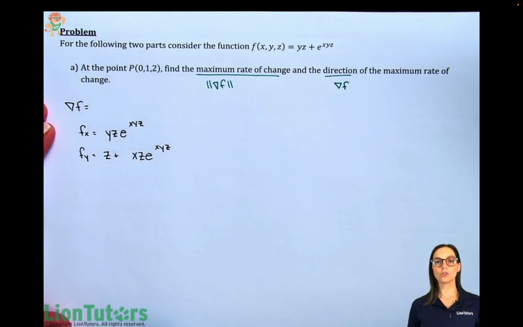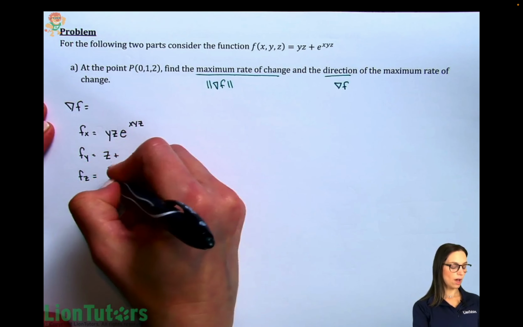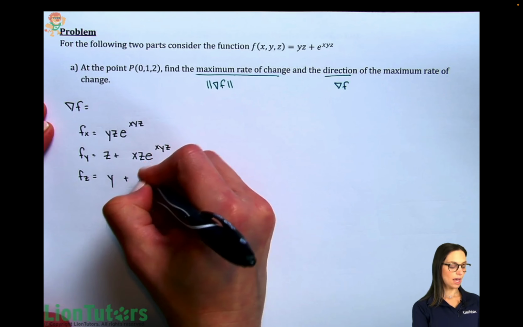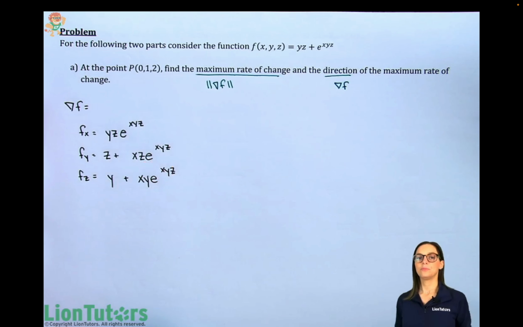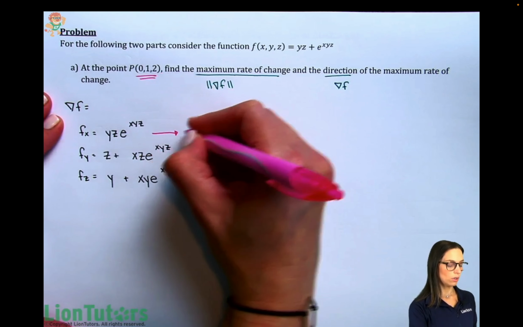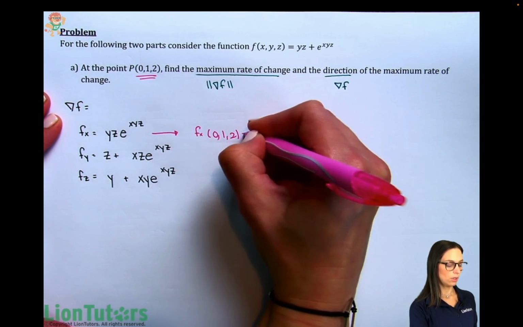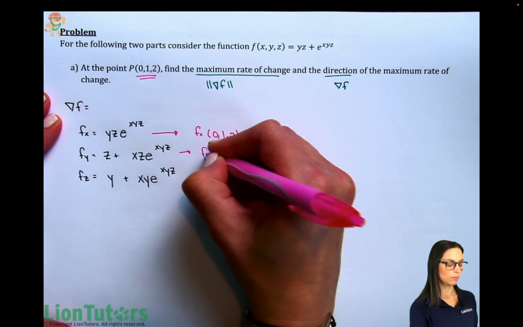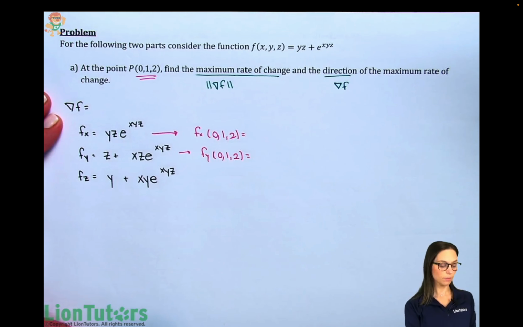And then if we take the partial derivative with respect to z, that will give us y plus xy e to the xyz. And we want to know the partial derivative at a specific point, at the point 0, 1, 2. So I'm going to plug 0, 1, 2 into all of these partials. And that will give us our gradient.